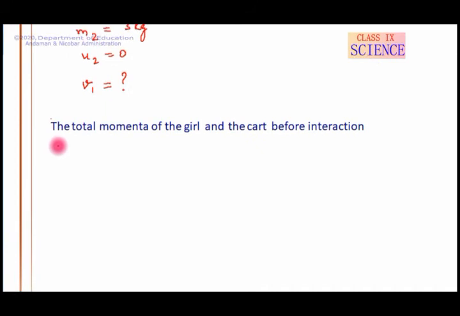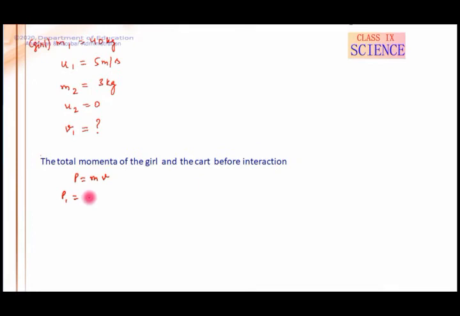Firstly we find the total momenta of the girl and the cart before interaction. We know that P is equal to mv. Before interaction we mention it as P1 is equal to the momentum of the girl, m1 u1, plus the momentum of the cart, that is m2 u2.